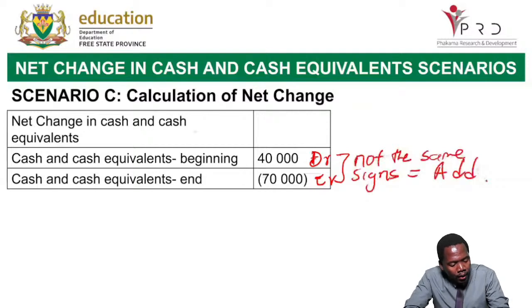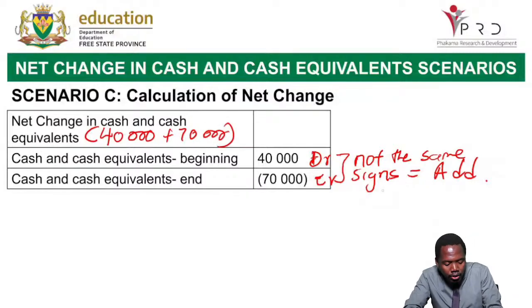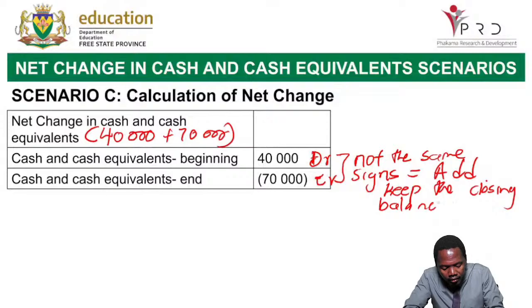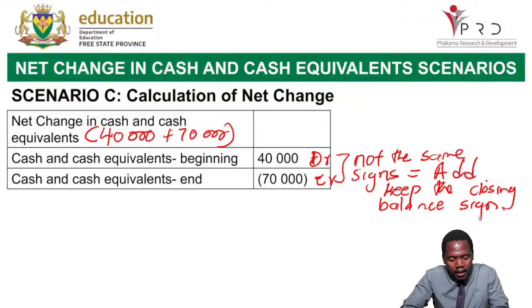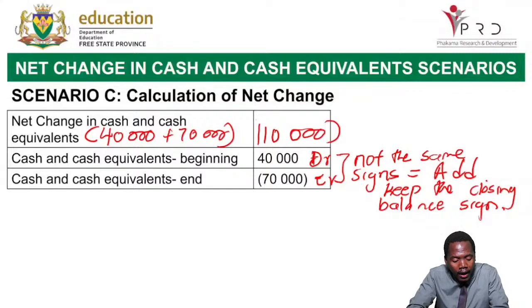So meaning, what am I doing here? I would say 40,000 plus 70,000. Signs are not the same. I add. And then I do what? Still keep the closing balance sign. So I keep the sign of the closing balance. Meaning my answer now becomes 110,000. Now the 110,000 will be what?